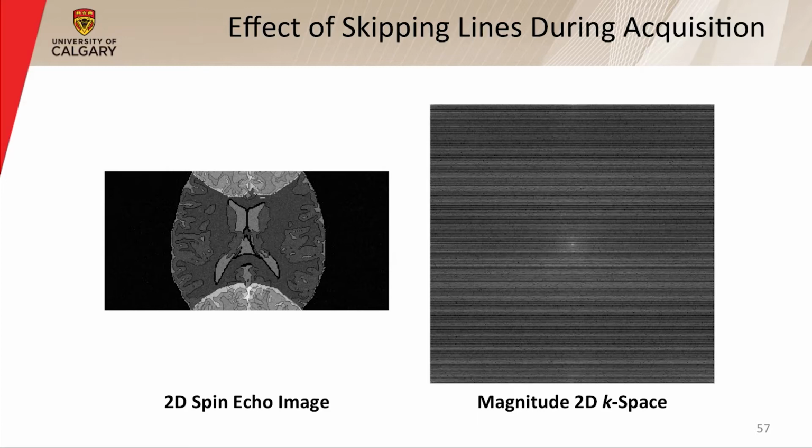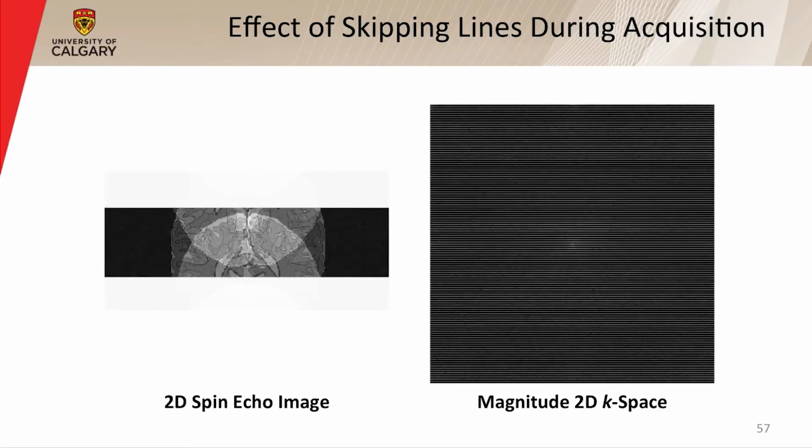So we're still acquiring full readout points in this direction, but we're undersampling in this direction, so it looks something like this. And then if we skip even more lines, yes, we're acquiring the data faster because we're not acquiring as many lines, but when we do our inverse Fourier transform, the image starts wrapping on itself like this.